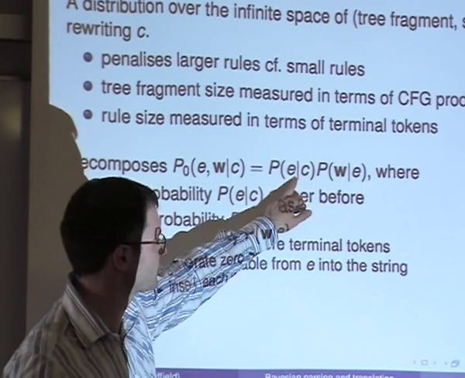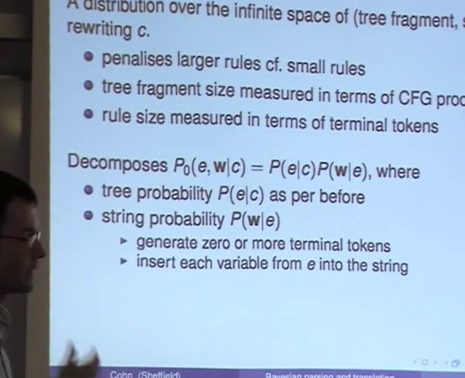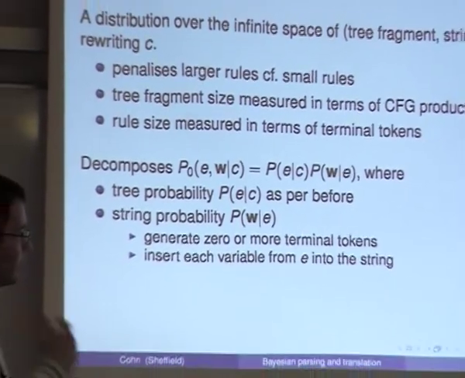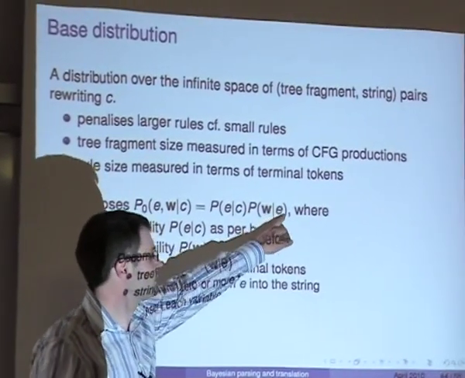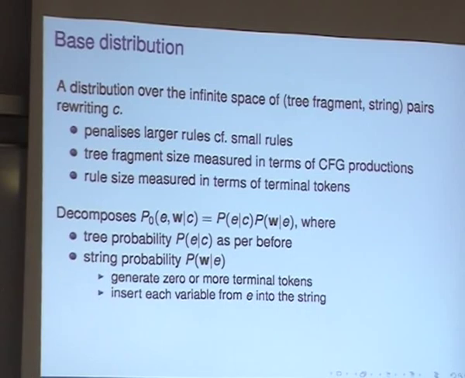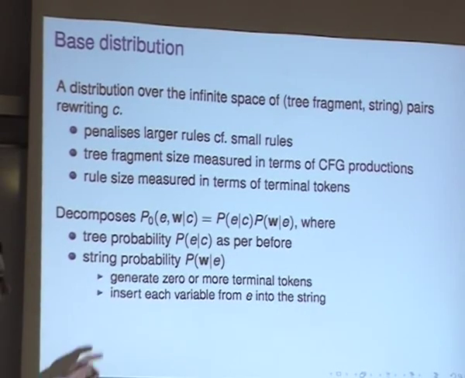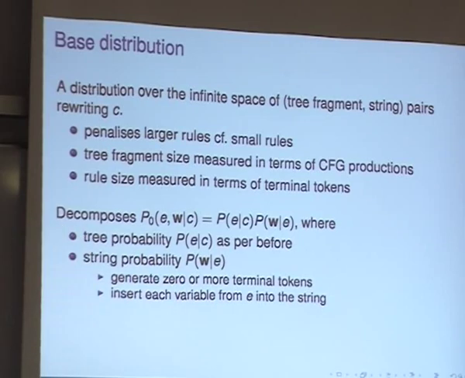So the probability of the elementary tree given the symbol is exactly what we had before. That's the thing from the monolingual parsing part. And the probability of the word string given an elementary tree is just a really naive and simple distribution. We decide to generate 0 or more terminal tokens, and we draw these all randomly, uniformly.